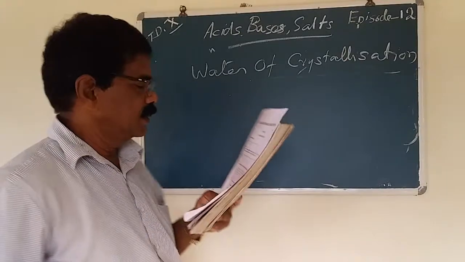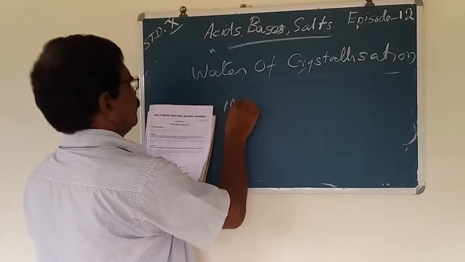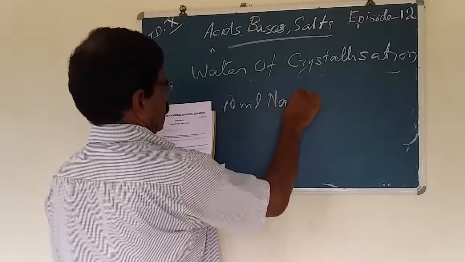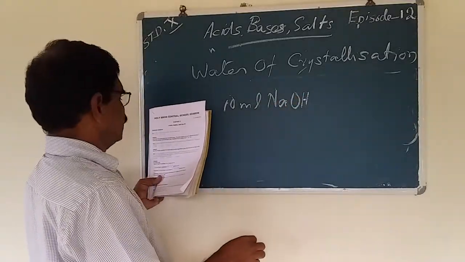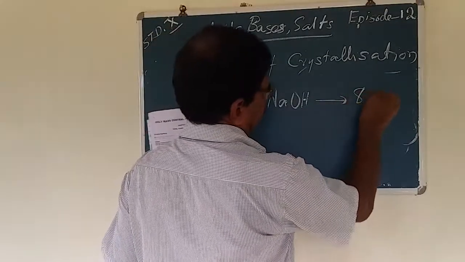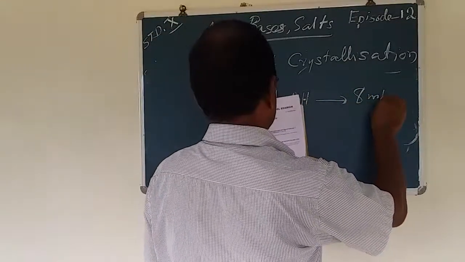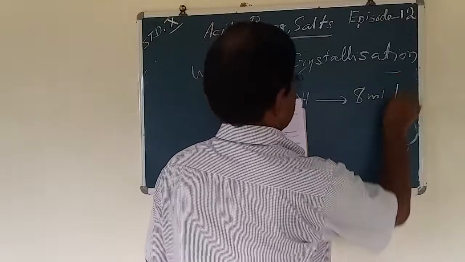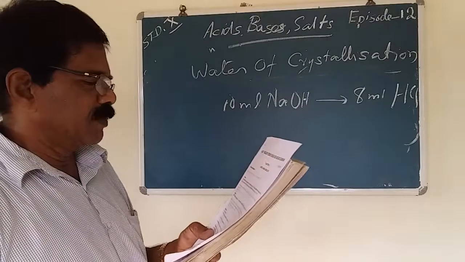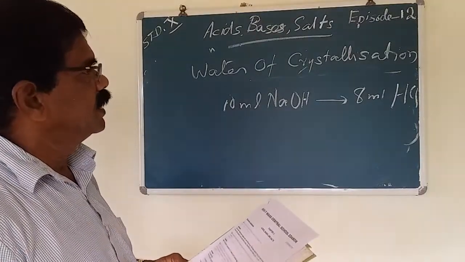What is given? 10 ml NaOH is found to be completely neutralized by 8 ml HCl.